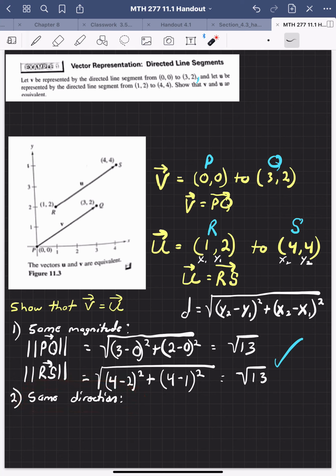Well, the good news is when we're dealing with lines in a plane, when we're dealing with vectors in a plane, we can think about direction as slope. But I don't want you to lean on this too much, because once we move outside of a two-dimensional axis and move into a three-dimensional axis, slope no longer carries the meaning that it did in a two-dimensional axis.